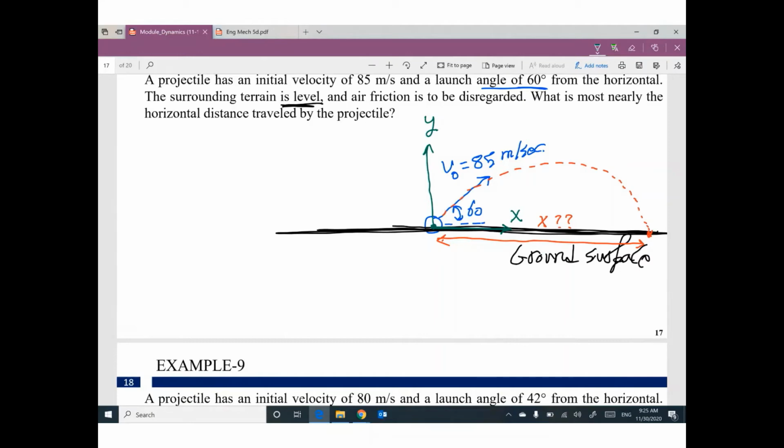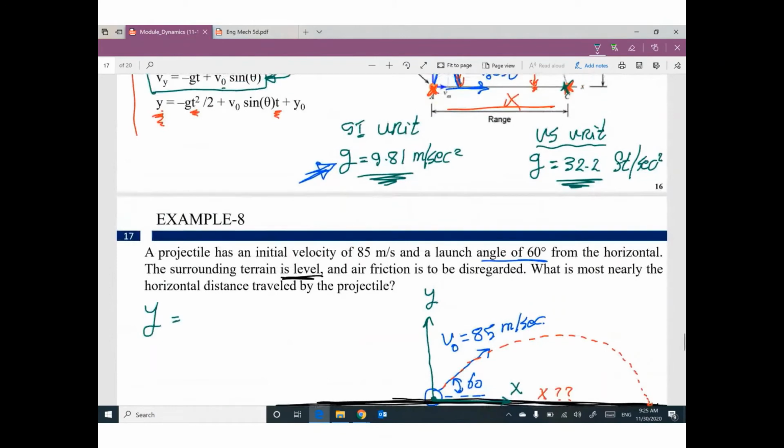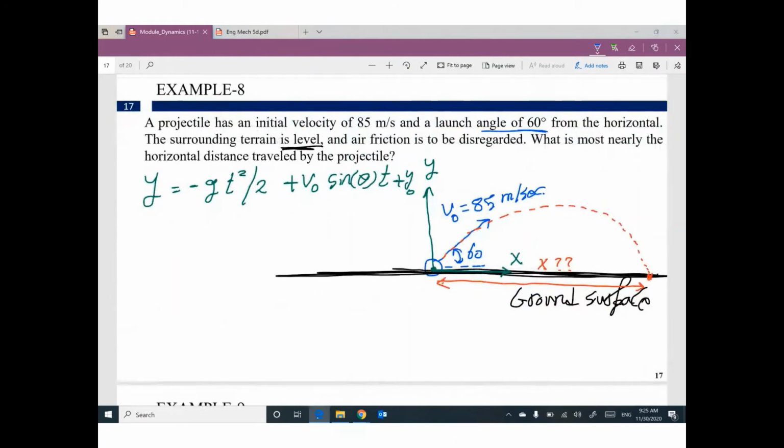Can you see the y equation: y equal negative g t square divided by 2 plus v naught sine theta t plus y naught. We don't have initial y.